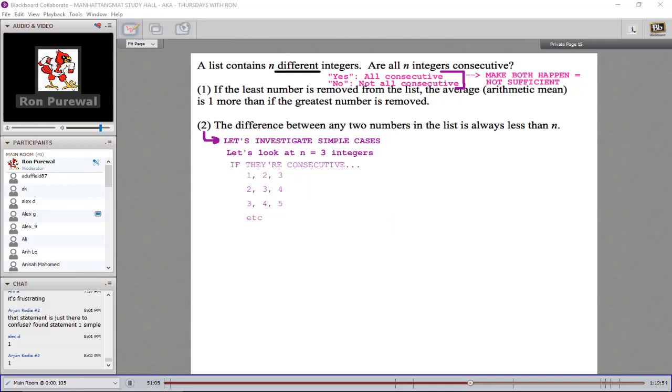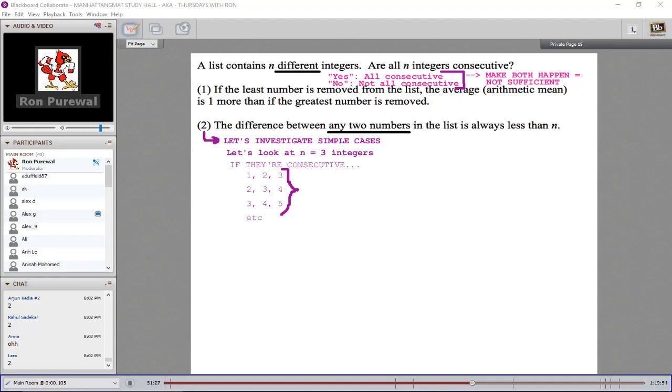Between any two numbers in the list, not any two numbers in a row, any two numbers at all. So the biggest difference is 2. So for all of these things, and you can tell with any list of 3 consecutive integers, that's how it's going to work.